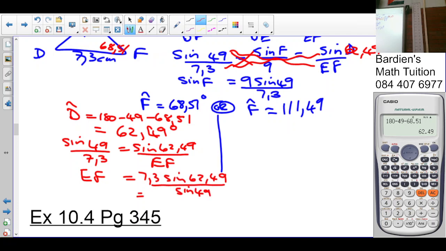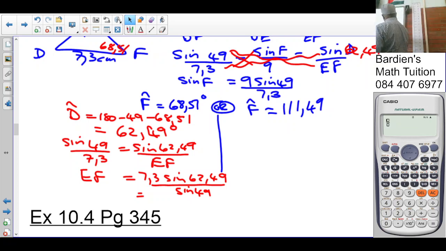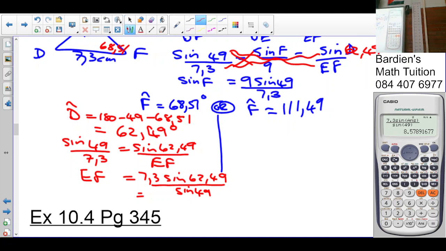Even if you can do that in your head, it's fine. If you can't, we write it out. So it's going to be 7.3 sine of the answer over sine of 49. That's 8.58 centimeters. Okay, you all agree with that?